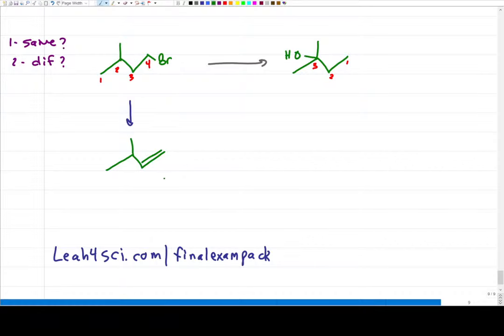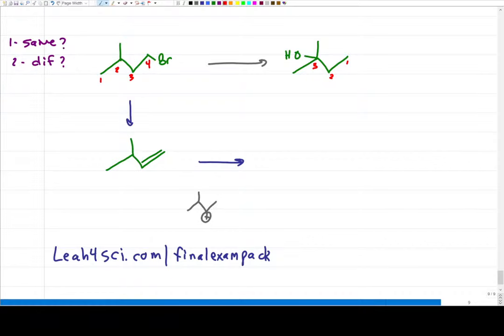We've already seen this one. And once we eliminate, we would normally want to add a bromine here so that we can eliminate there, but here's what I want you to pay attention to. If I do a Markovnikov addition reaction where there will be a carbocation intermediate, the intermediate for this step is going to be a carbocation here.